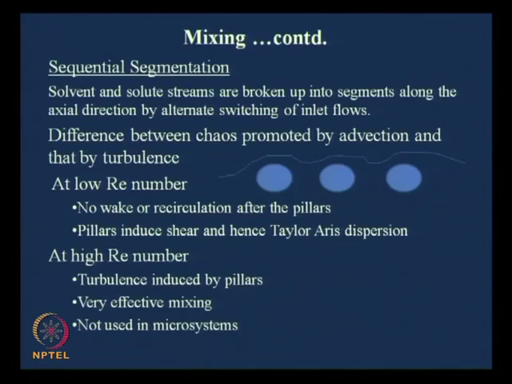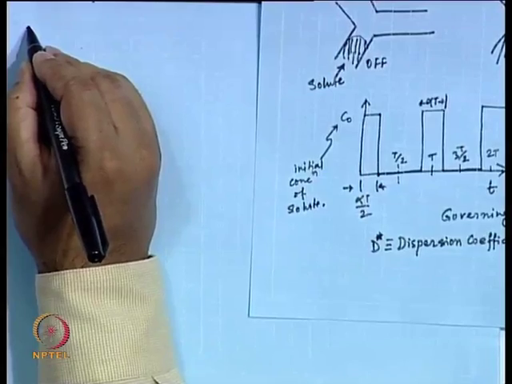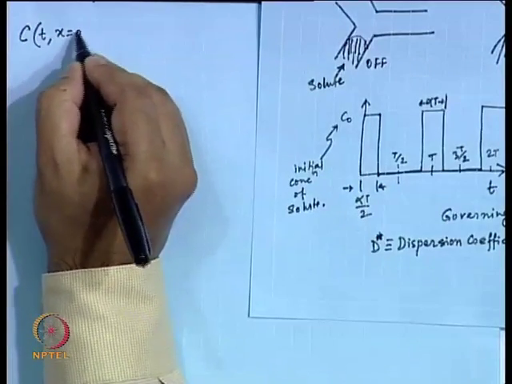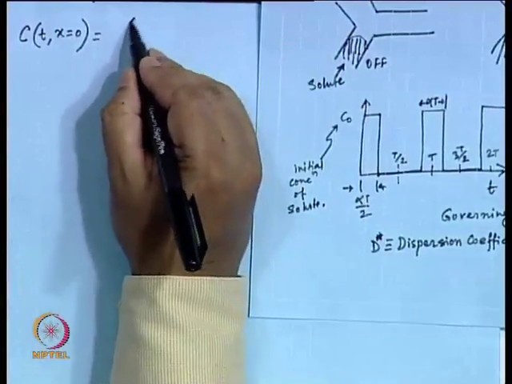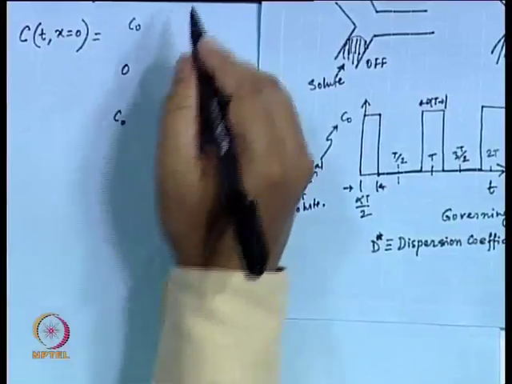The way we will write it is C at some time t at the inlet x equal to 0 is equal to C0, 0, and again C0.